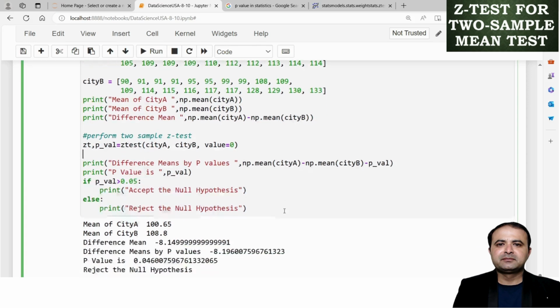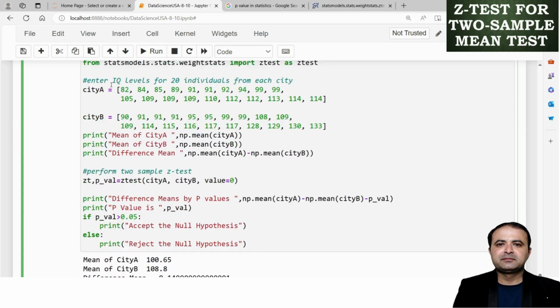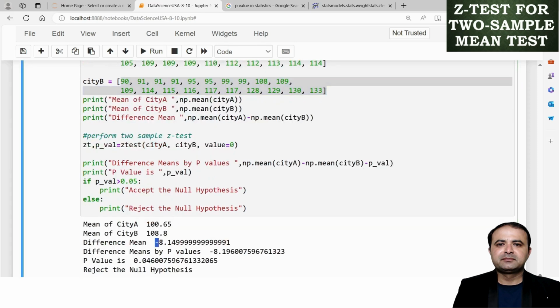Now the question is: the mean of this sample and the mean of this sample, what is the difference? You can see 8 minus 6, so 8 is the difference. And we are assuming 100 as the null hypothesis value.